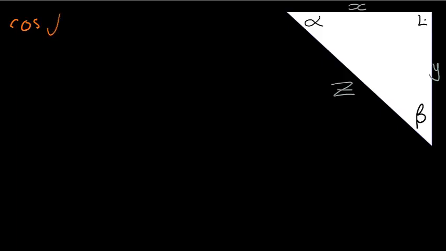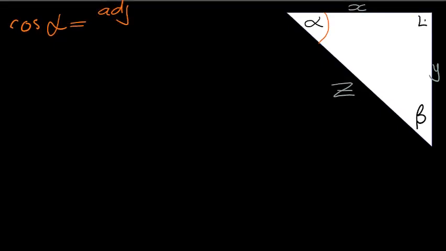So cos of alpha is going to be, if this is alpha, I know that cos is adjacent over hypotenuse. In this instance, adjacent is going to be x over hypotenuse is z. Cos of alpha is x over z.